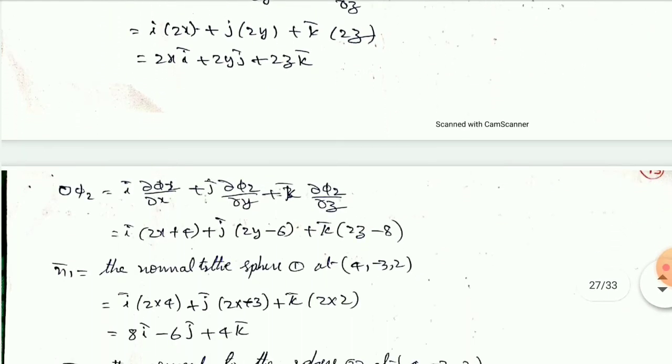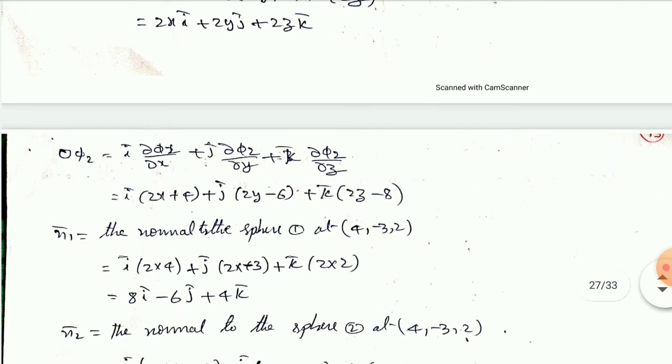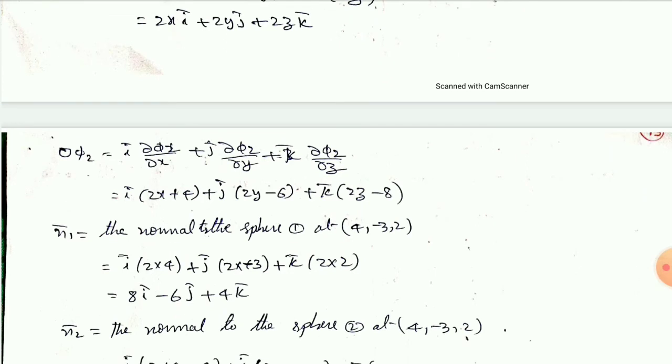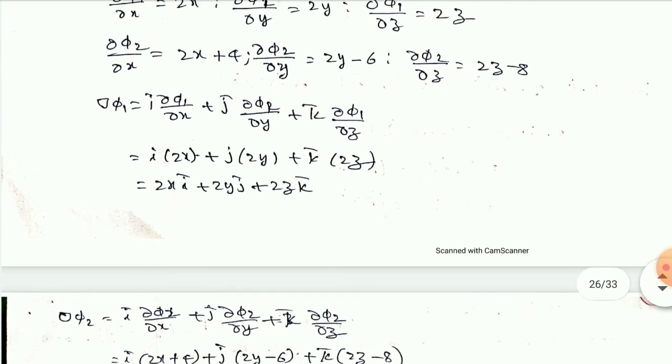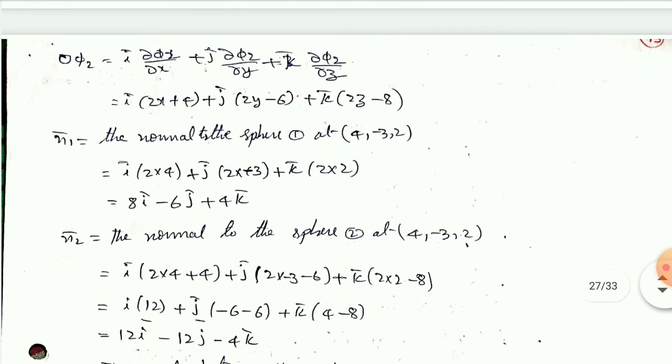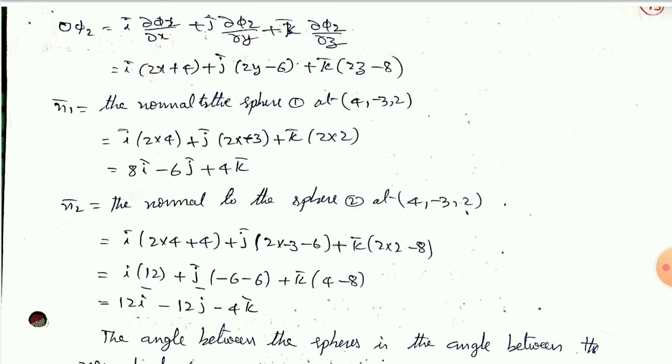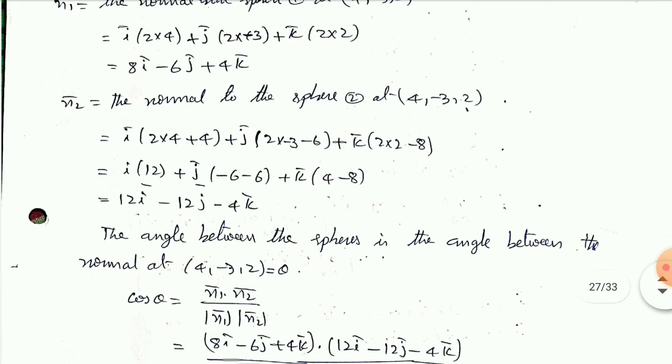Similarly, del phi2 is i into (2x plus 4), plus j (2y minus 6), plus k (2z minus 8). After getting that, you just substitute the one given point (4, -3, 2), so that you get the first vector 8i minus 6j plus 4k, and the second vector 12i minus 12j minus 4k.